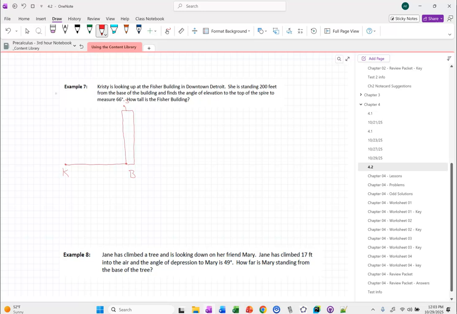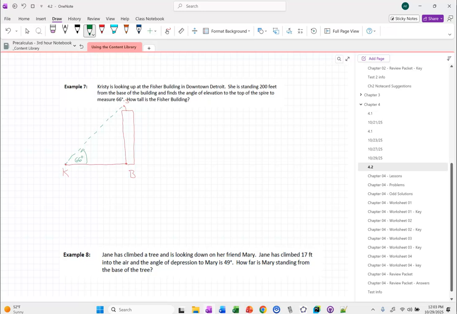Everybody feel good about what I drew? And we're told we have an angle of elevation. So Christy is going to crane her neck up to look at the top of the spire. Where does that 66 go? In the corner by K. What other information am I given?